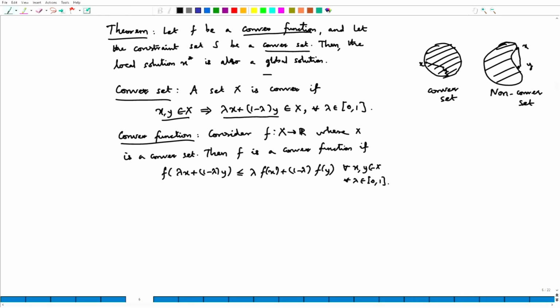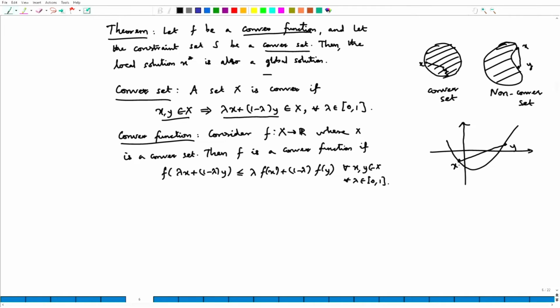So, what is the physical meaning of whatever I have written here? Consider this particular function, and consider 2 points x and y, and join them.